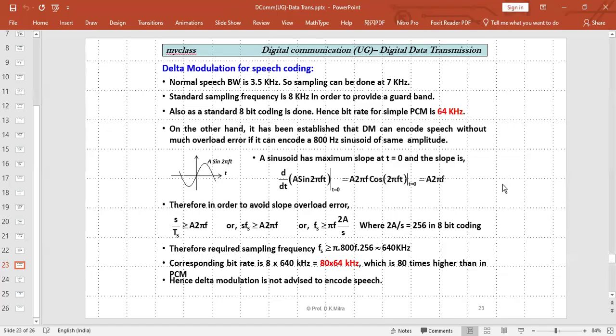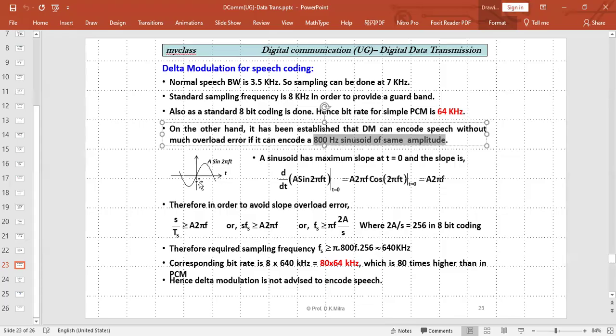It has been found by communication engineers by repeated trial and error that if your delta modulation electronics can handle an 800 hertz sinusoidal signal of same amplitude, and an 800 hertz sinusoidal signal is a simple sine signal, so you have very easy mathematics here, right?